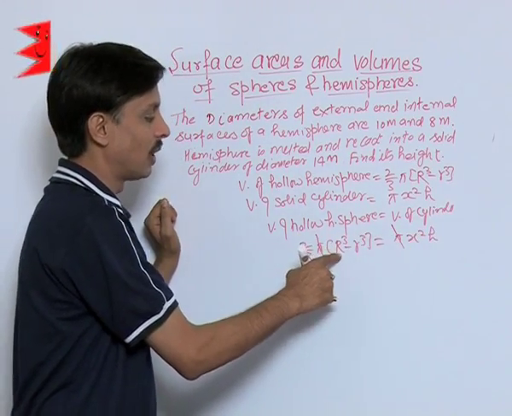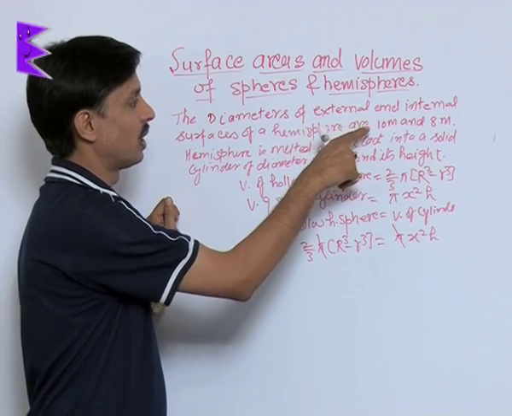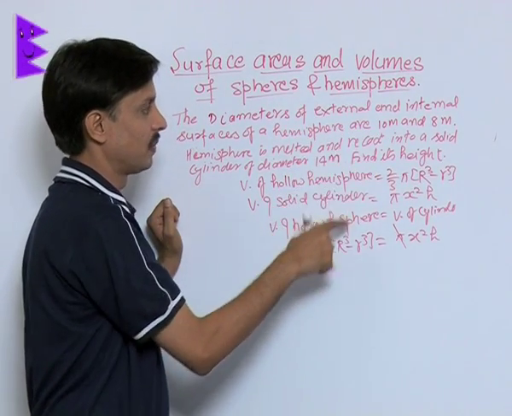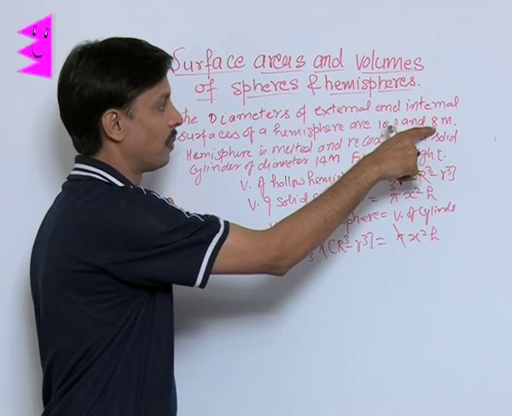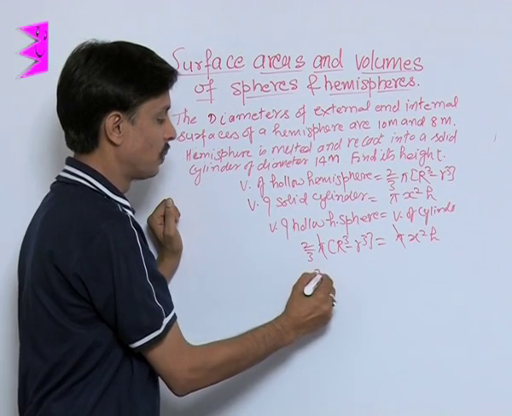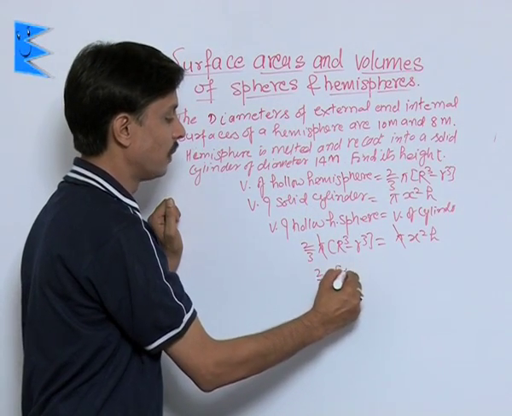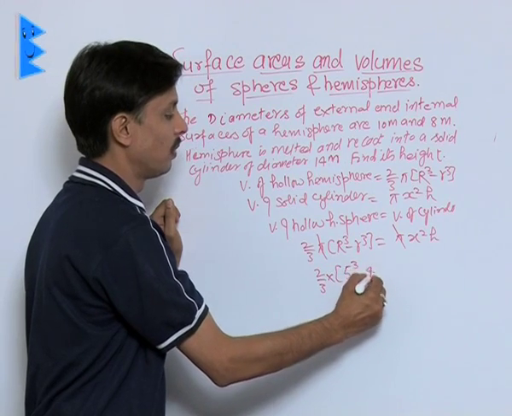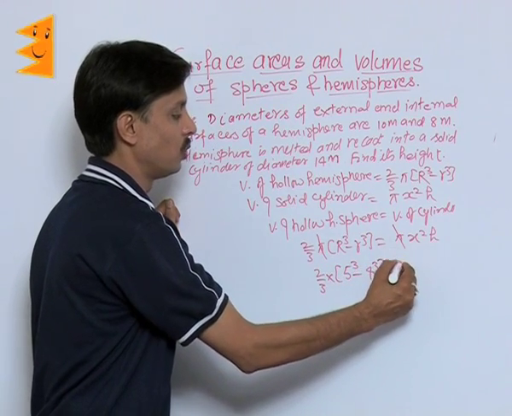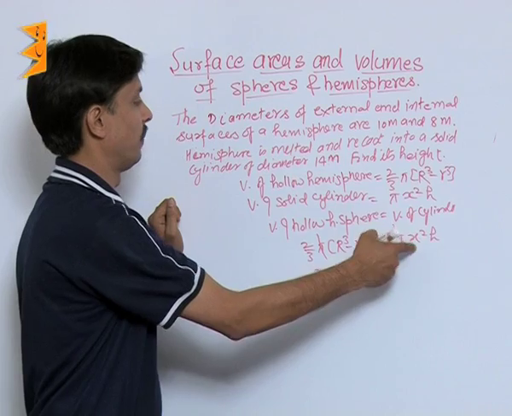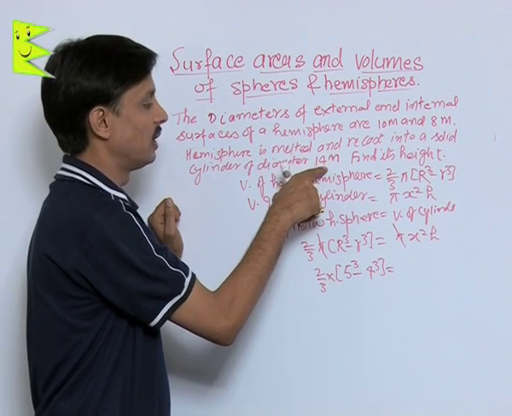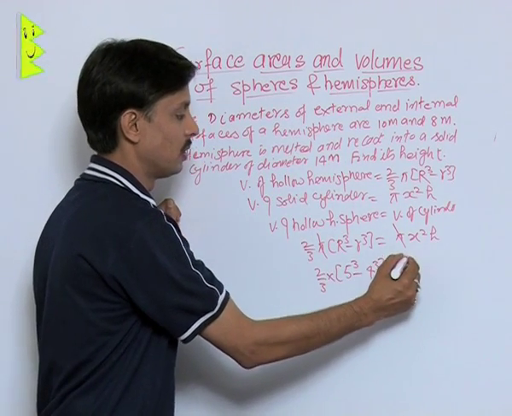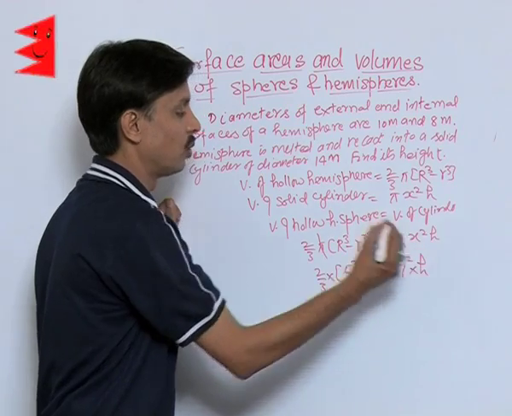Put the value of capital R, that is what? Half of the diameter, 5. Internal half of it, 4. So this becomes 2 by 3 into 5 cube minus 4 cube is equal to x square. Diameter of the solid cylinder is 14. So this becomes 7 square into h.